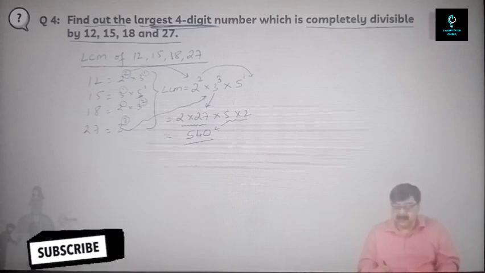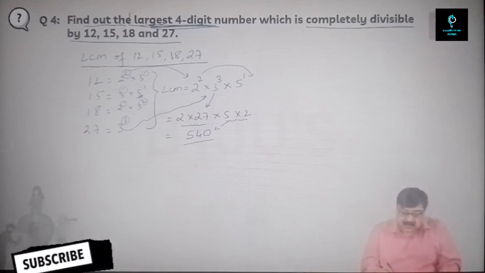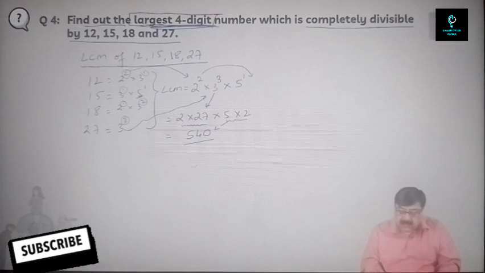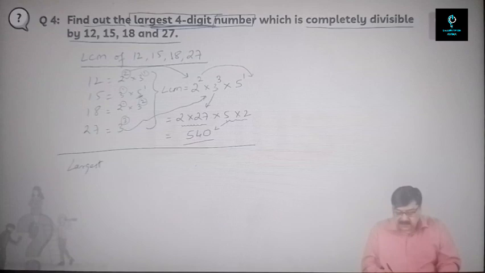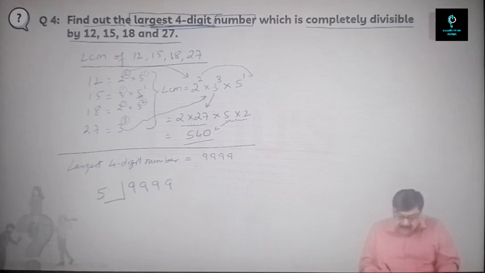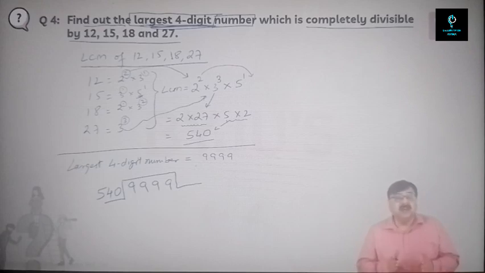But look at the question. The question is asking about the largest 4-digit number. Now first of all, which is the largest 4-digit number? Well, it is 9999. So simply we will divide 9999 by 540. Why? Because 540 is the least common multiple of all these four numbers.